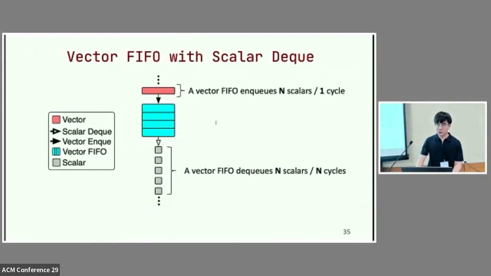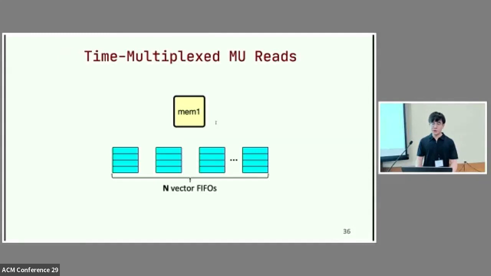Furthermore, we relax the assumption of the behavior of these implicit vector FIFOs. Instead of only enqueuing and dequeuing vectors per clock cycle, we assume that a vector FIFO can enqueue n scalars per clock cycle and dequeue n scalars over the period of n clock cycles. By doing so, we are able to implement a time-multiplexed memory unit access.